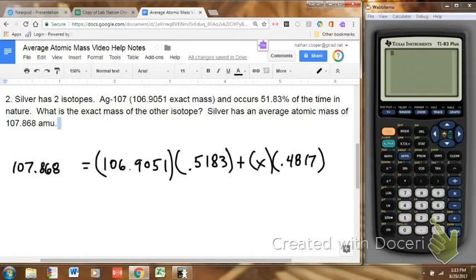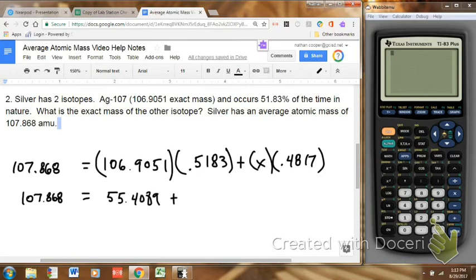So you're going to get some of these problems that you'll need to do this. So we got basic algebra that we have to cover. So the first thing I'm going to do is combine terms that I can combine and do the math that I can do. I can multiply 106.9051 times 0.5183, and the result of that is 55.4089.